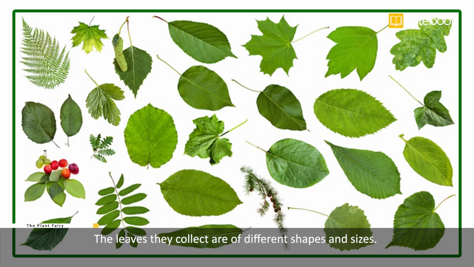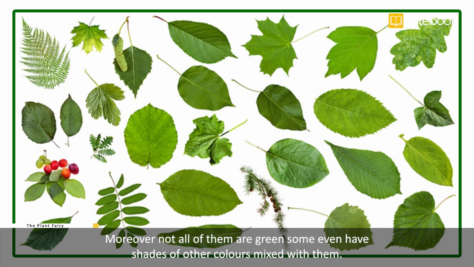The leaves they collect are of different shapes and sizes. Some of the leaves are big, some are small, and some are even tiny. Moreover, not all of them are green. Some even have shades of other colors mixed with them.